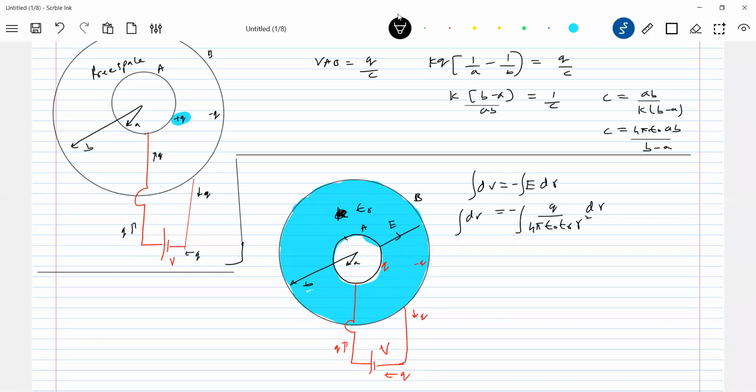So I want the potential difference. So VA minus VB, where the field will extend from A to B inside this one. So this will be A to B, you write it.